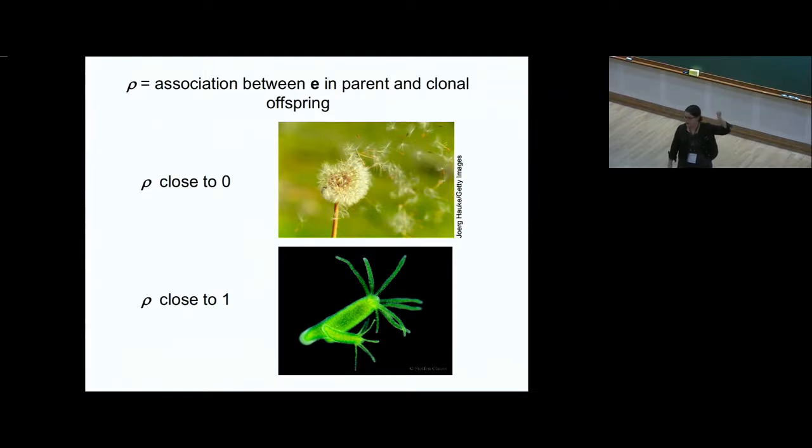So they're sort of physiologically similar. But we might imagine rho to be close to 0. 0 is the rho value for sexual offspring and random mating. So if it's similar to sexual reproduction, it might be close to 0. It might be higher than 0 because of what I just said about dominance, deviations, and epistasis. It depends on your model.